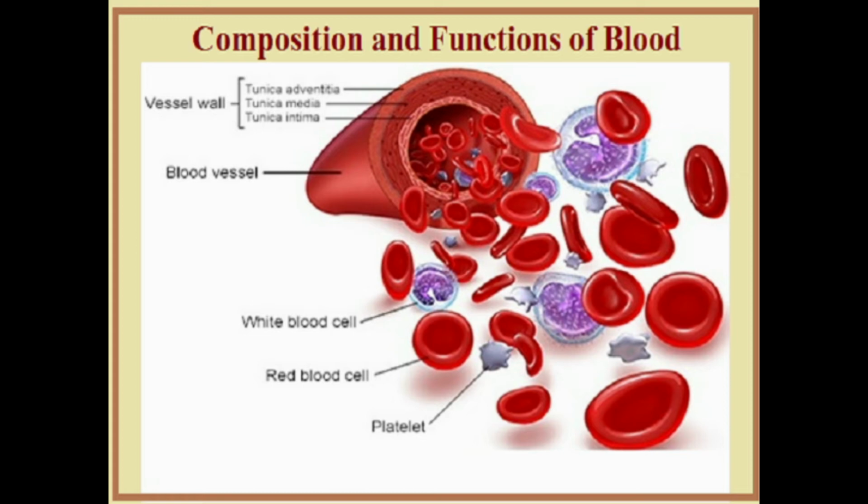The next cell is the white blood cell. As the name says, white blood cell, it doesn't contain red color. Okay, the pigment hemoglobin is absent in the white blood cells. The main function of the white blood cells, or WBC, is to fight against germs that may enter our body. So suppose you are getting an infection or a sudden injury, the white blood cells will go to that place and fight against the germs.